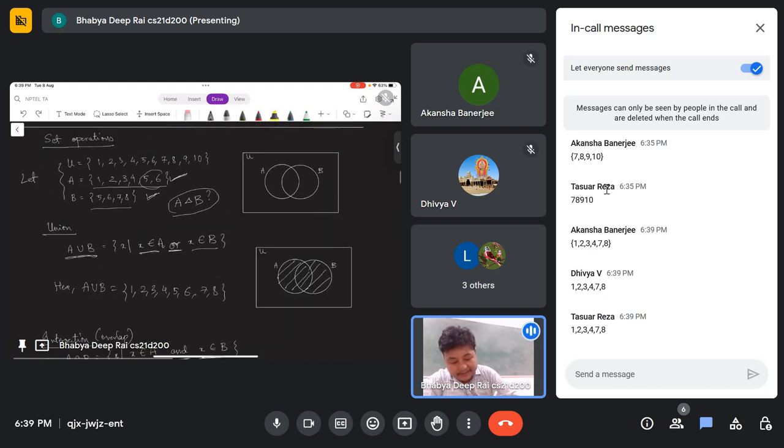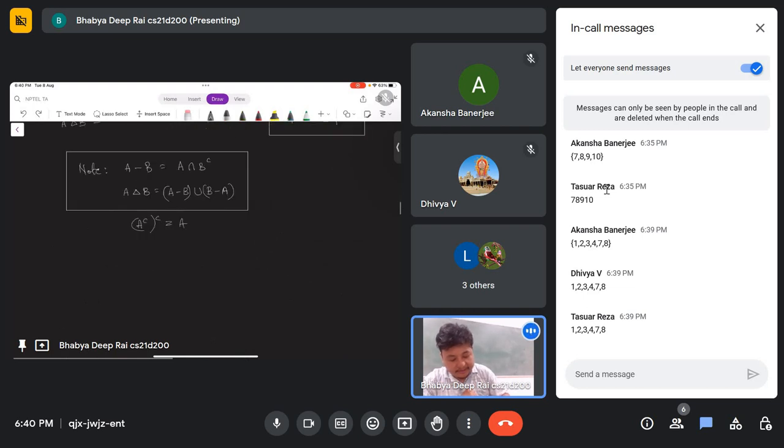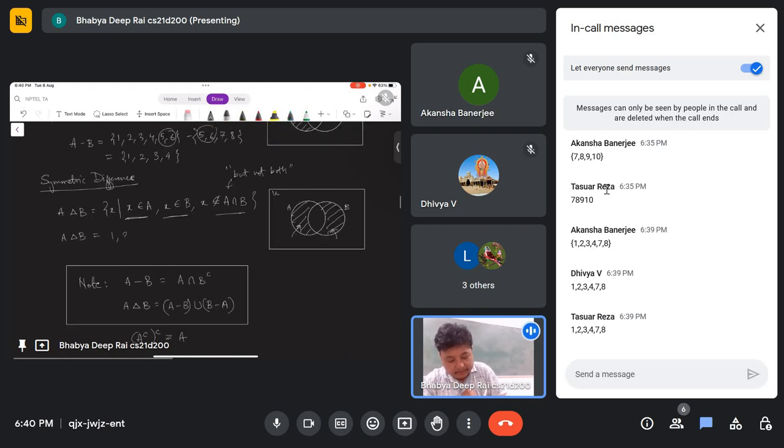Clearly 5, 6 is shared between A and B. So just remove whatever they've shared and combine them. So we are left with 1, 2, 3, 4 and 7, 8. So that is your answer. Okay, good.